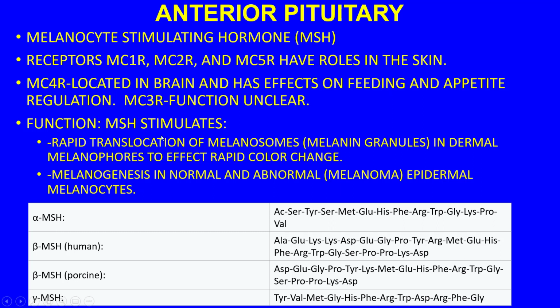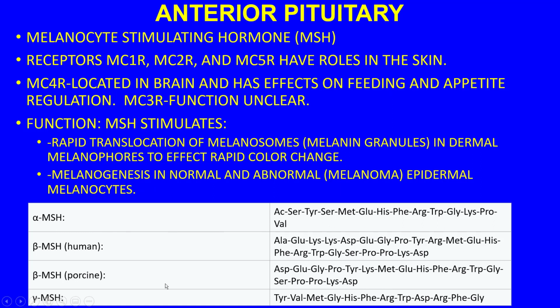So what do we have? MSH will stimulate the rapid translocation of melanosomes, these are the melanin granules, in dermal melanophores to affect a rapid color change. Now, melanogenesis in normal and abnormal melanoma epidermal melanocytes also. So what I did was I threw together these nice little amino acid sequences.